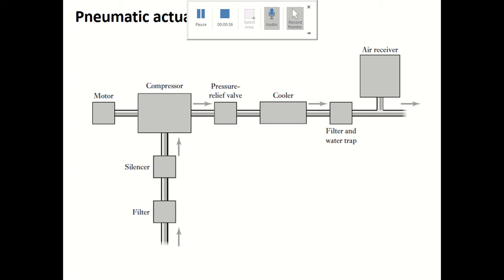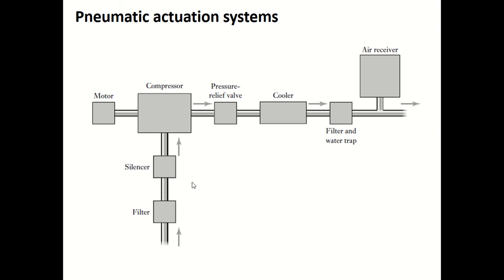We were discussing the different parts of a pneumatic actuation system. This line diagram represents the pneumatic actuation system. Here you can see different parts like filter, silencer, a motor, compressor, a pressure relief valve, a cooler, a filter and water trap, and an air receiver.